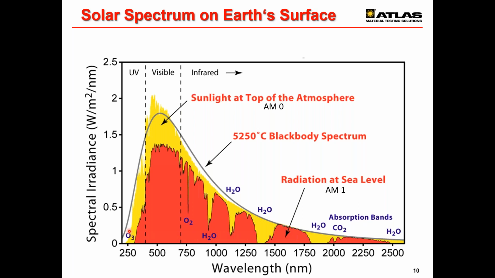That's a good thing, because UVC, with low wavelengths and high energy, has photons that are very critical and can destroy organic materials. We should avoid exposure to UVC, and the atmosphere protects us from it while filtering out many other parts of the emitted spectrum.